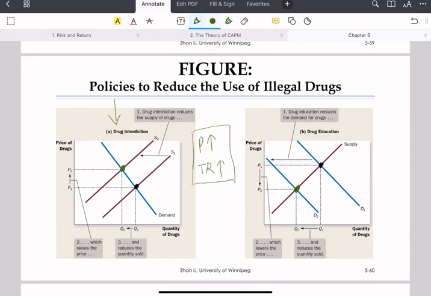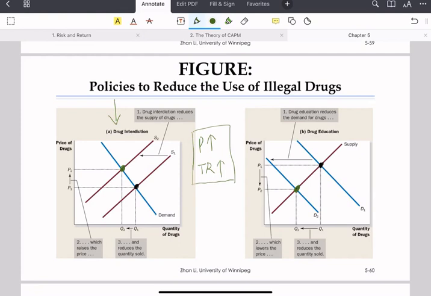So the conclusion here is drug interdiction will increase drug price and reduce drug consumption. However, it could potentially increase drug-related crimes because the drugs would become so much more expensive.